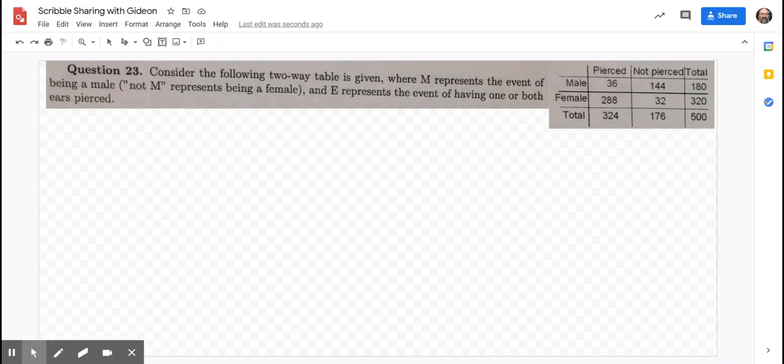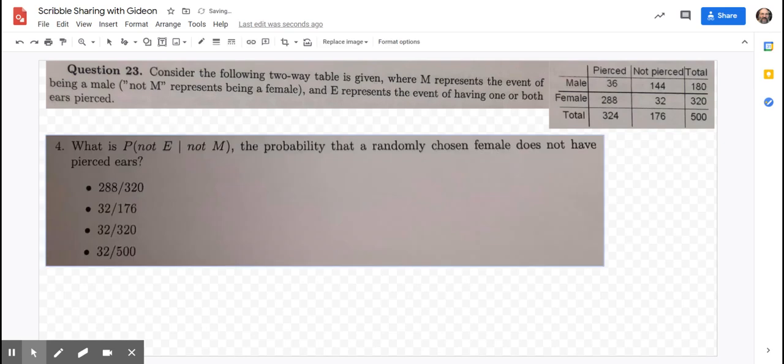And finally, we've got the last part of the question. This one finally asks, hey, what's the probability of this? We're no longer converting between symbols and sentences, but we're actually simply figuring something out. What is the probability of not having pierced ears given that the student is female, right?